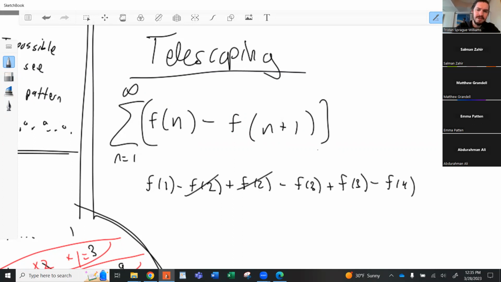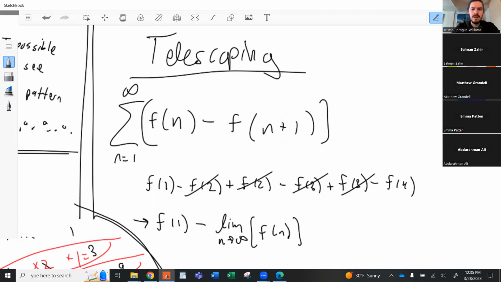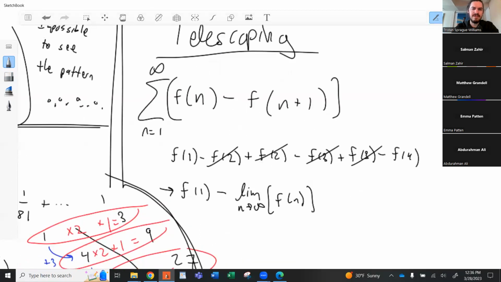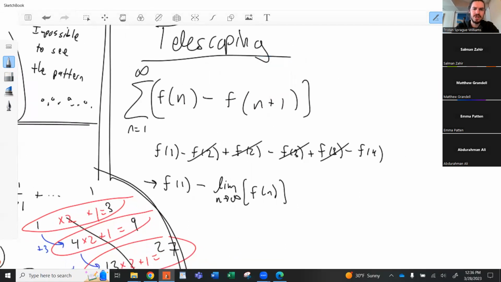And so you basically get these canceling all the way down. In the end, it's going to approach f of 1 minus whatever the limit as n approaches infinity of f of n is. So whatever that limit is, that's what you subtract.